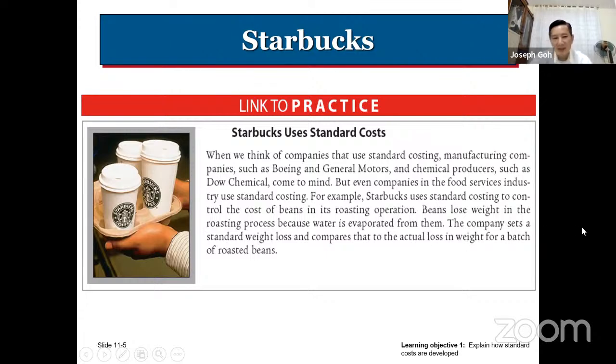The company sets a standard weight loss and compares that to the actual loss in weight for a batch of roasted beans. Very simple. So when you buy Starbucks coffee, all the beans need to be roasted, so they already take into consideration the standard weight loss before they build up the standard cost for the roasted beans. So this is one example that all these big corporations also use standard costing.